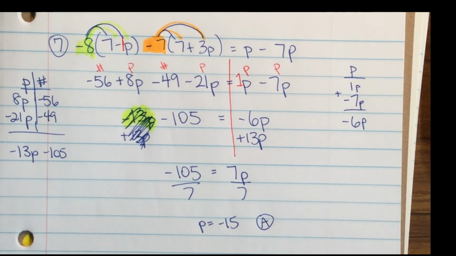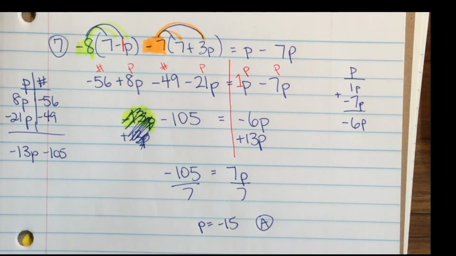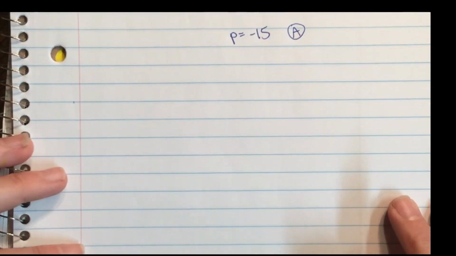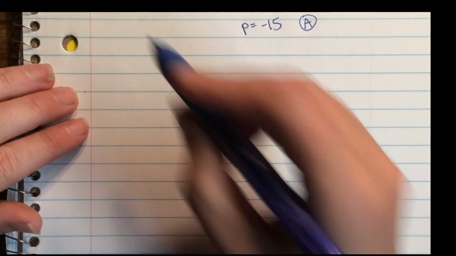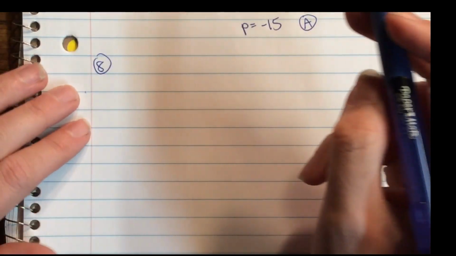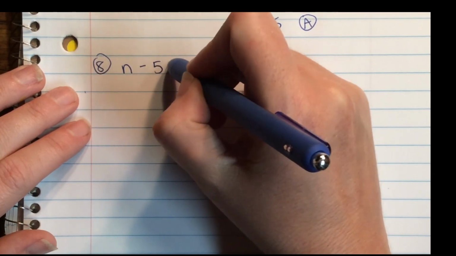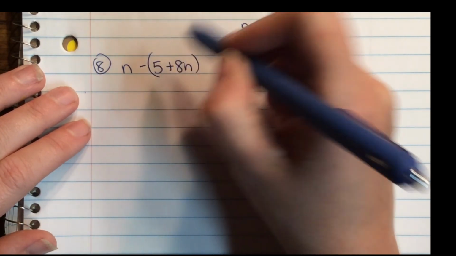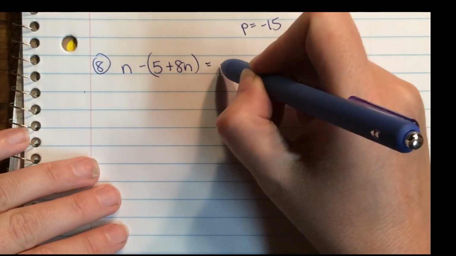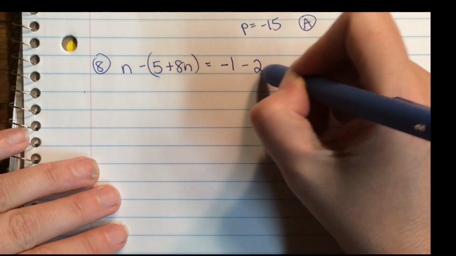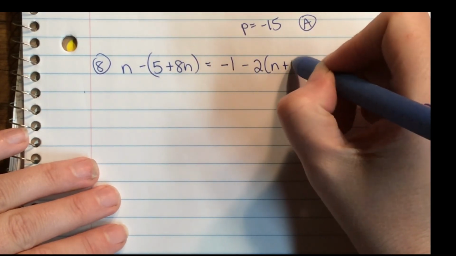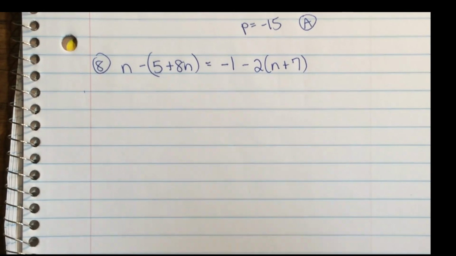All right. Let's keep moving. We're on number 8. They're starting to get a little bit more difficult, which is good. All right, so we're going to distribute.